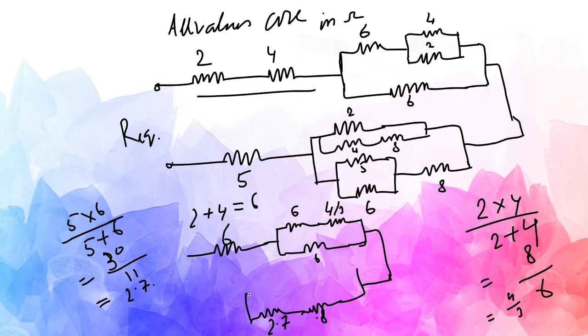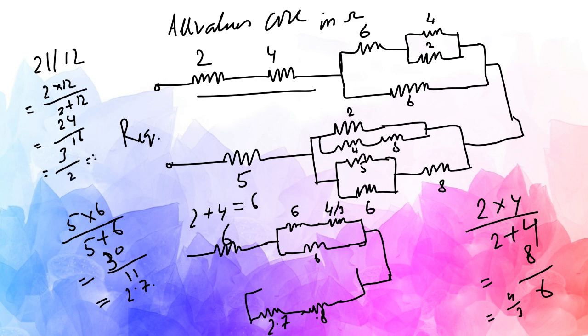Again, this is 2, this is 2, and this is 8 plus 4 equal to 12. So 2 and 12 are in parallel. How much is the equivalent? 2 into 12 by 2 plus 12, 24 by 14, so it is about 1.5.